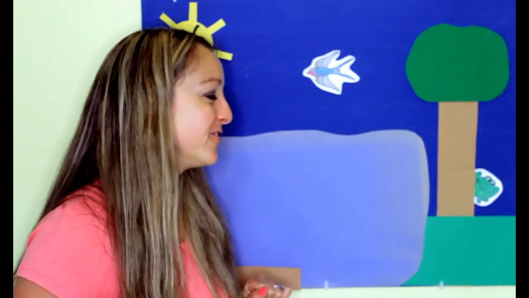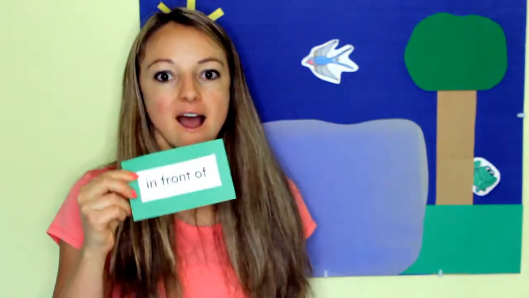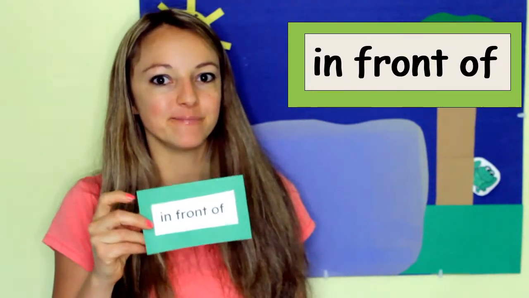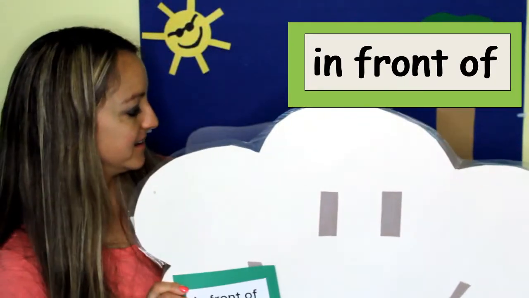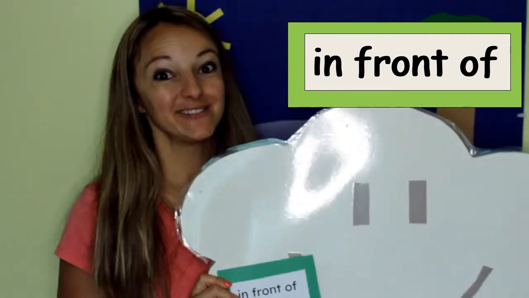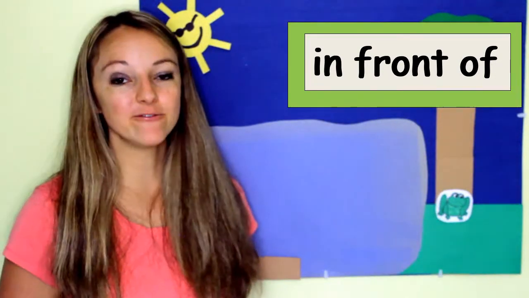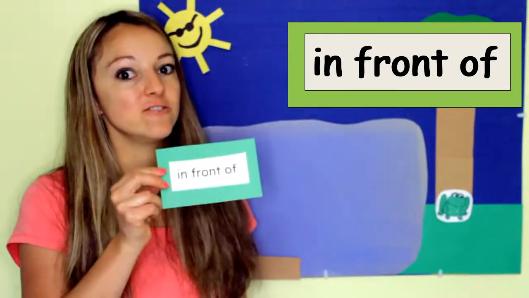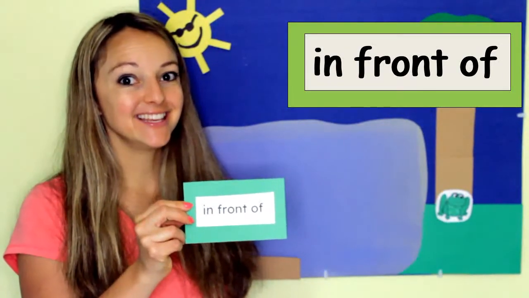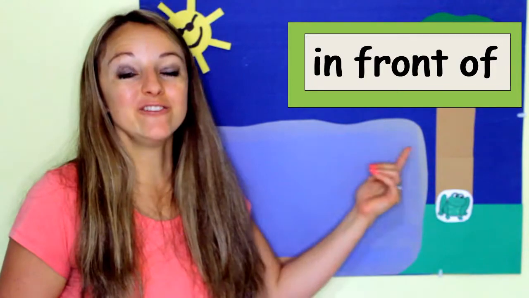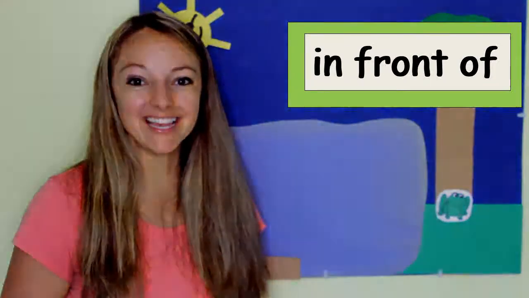We found you, Froggy. Let's see what our last one is. In front of. Let's find Froggy. Do you see Froggy hiding in front of anything? He's in front of the tree.